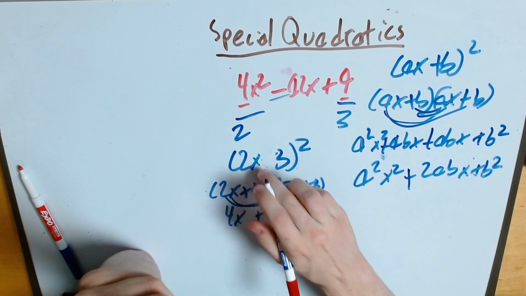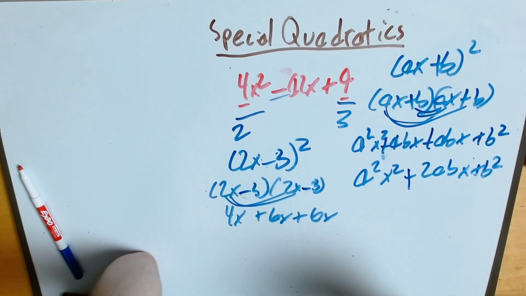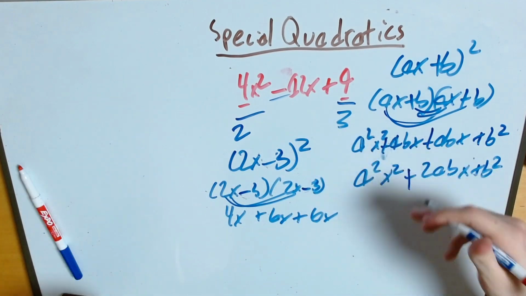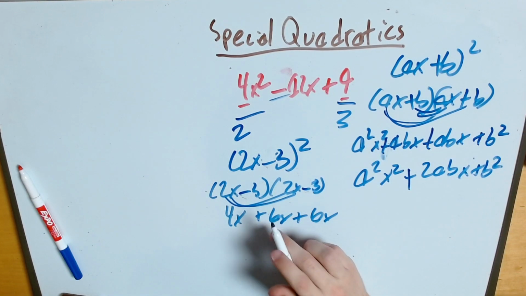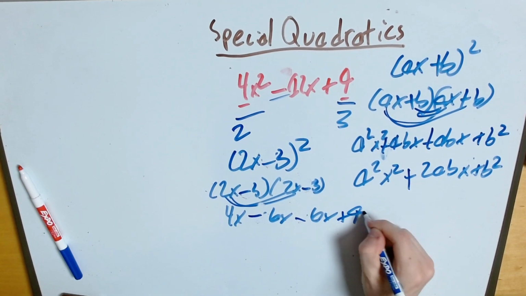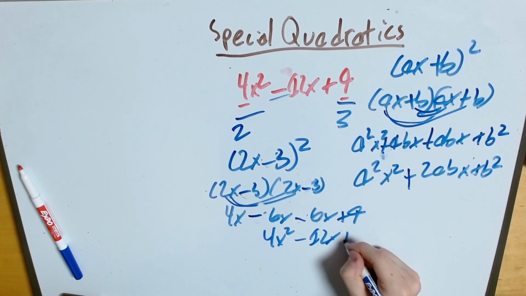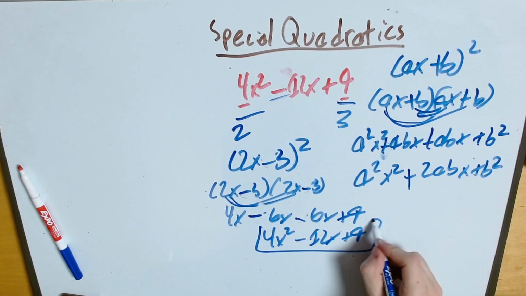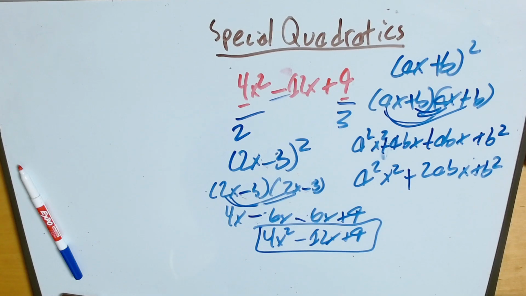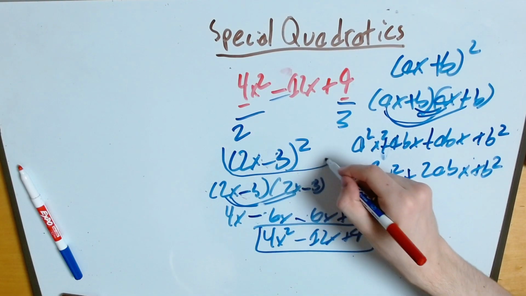Oh, sorry, minus 3, because this is negative, so we know we're going to be following the negative pattern. So we're going to have negative 6x and negative 6x, and that's 9. So 4x squared minus 12x plus 9. And this is our original equation, so we're like, yep, this factoring works, right?